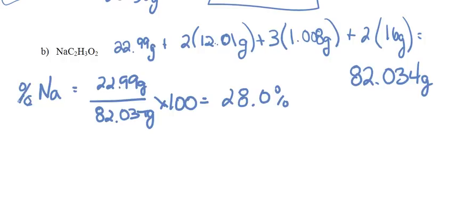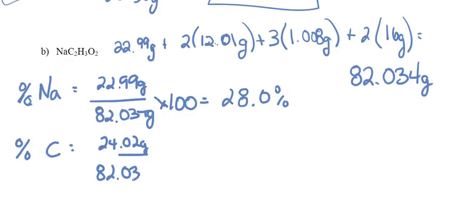And then the carbon, we have 24.02 grams over the total mass, which is 82.034 times 100. So 24.02 divided by 82.034 times 100.